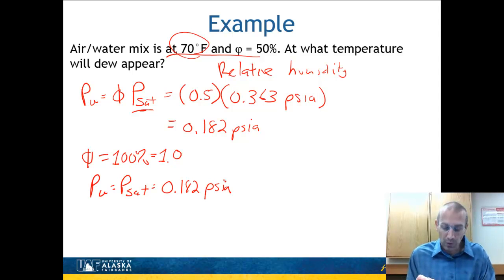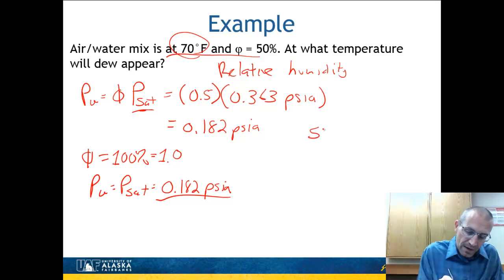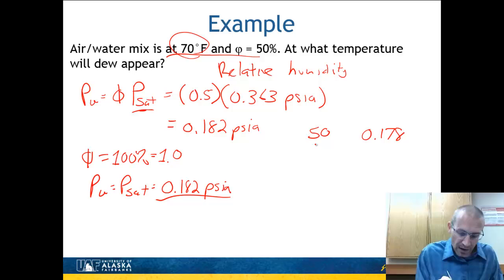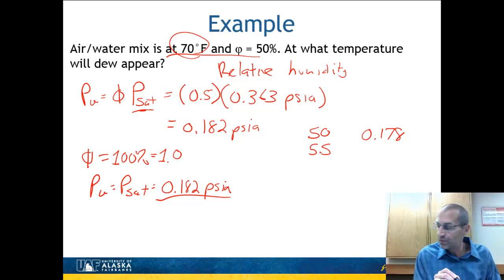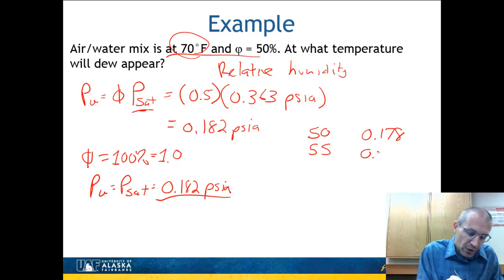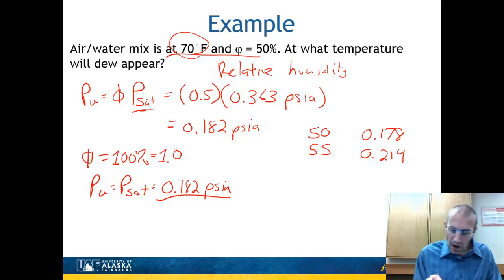So I need to go to the table and look at where this value, 0.182, is P sat. If I go to the table, I'll find out that at 50 degrees, it's 0.178. If I look down at the next line, at 55 degrees, it is 0.214. I'm somewhere in between, so I need to go ahead and interpolate. So let's do an interpolation.